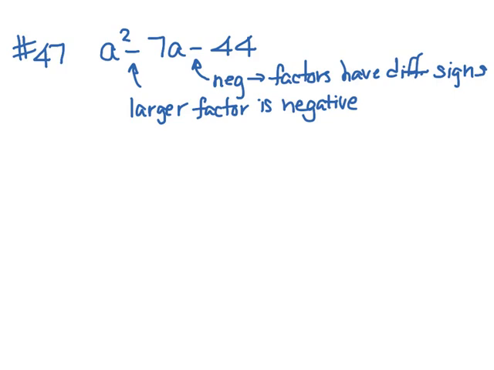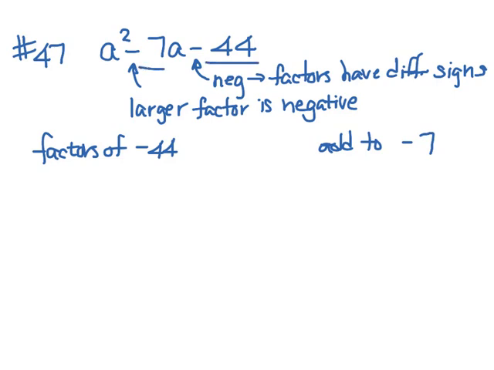Okay, so let's think about, we're looking for factors of negative 44 and they have to add to negative 7, right? Again, remember, this is my C and then that's my B. So I'm looking for factors of negative 44 that add up to negative 7.